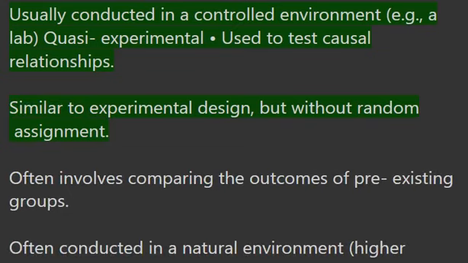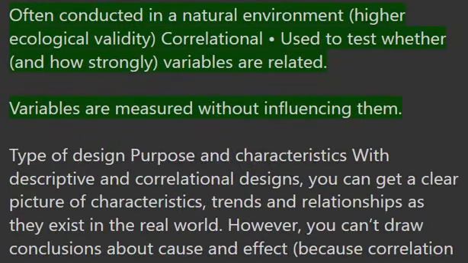Quasi-experimental: used to test causal relationships. Similar to experimental design, but without random assignment. Often involves comparing the outcomes of pre-existing groups. Often conducted in a natural environment, higher ecological validity.